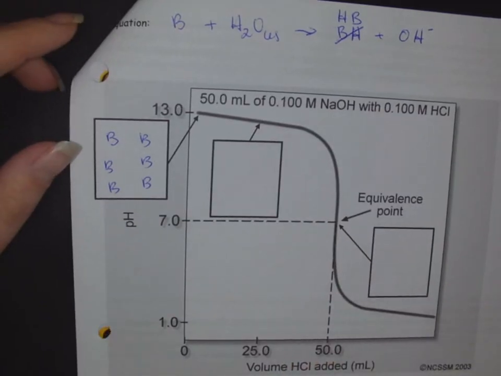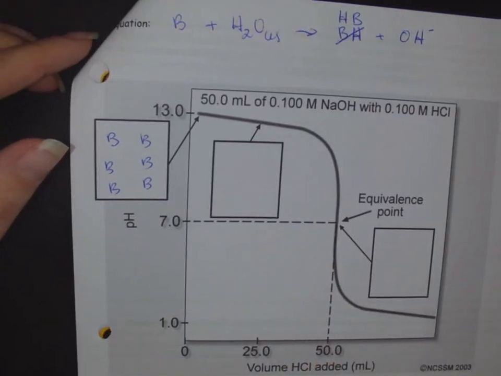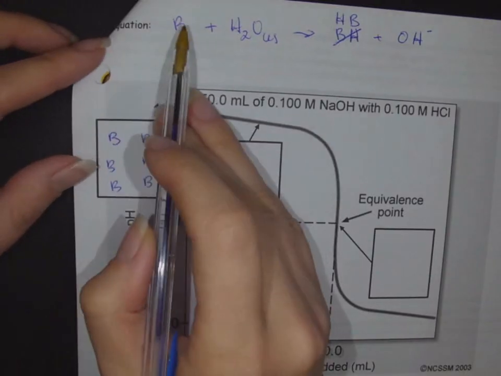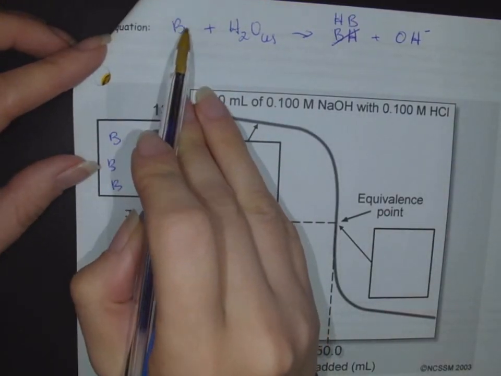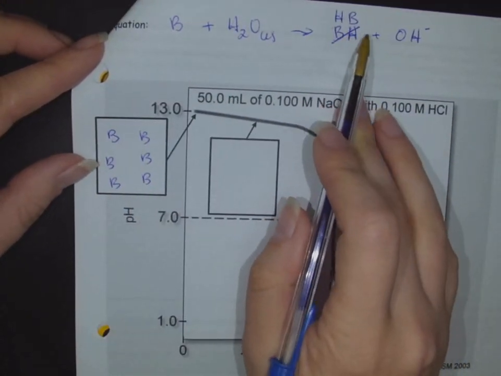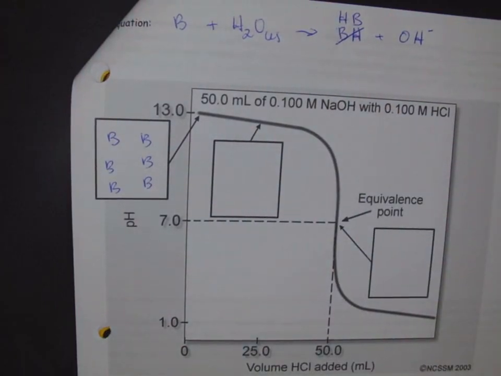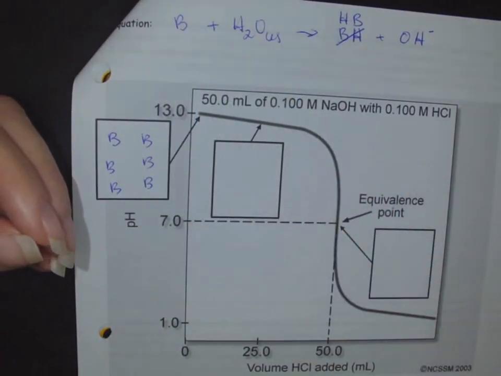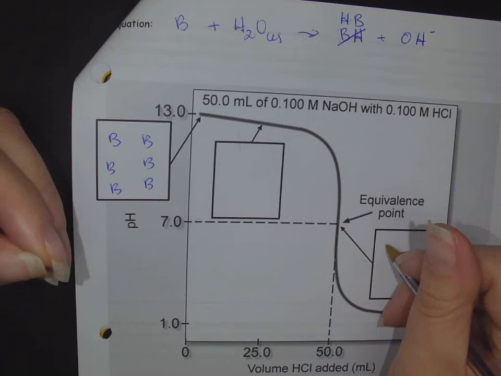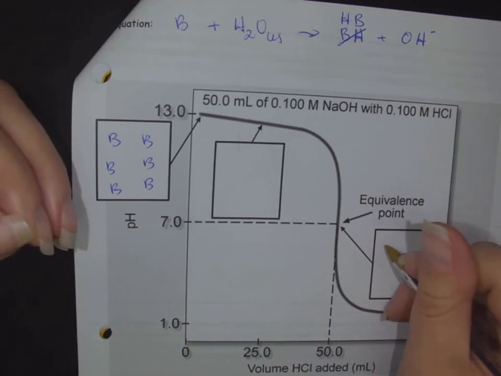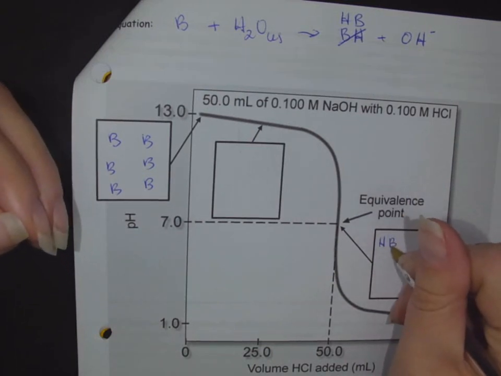So as I was telling you before, it's going to completely react. All of the base that was initially there is going to turn into its conjugate, because we have equal moles of acid that we're titrating this base with. So it's going to cause all of that base to react. And what we're left with at the equivalence point is just its conjugate acid.